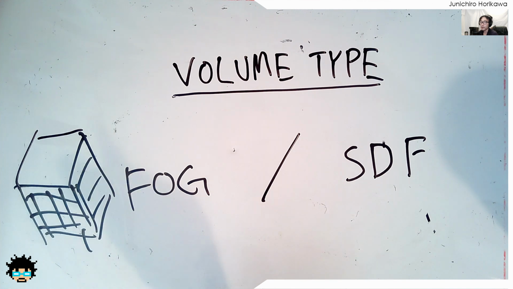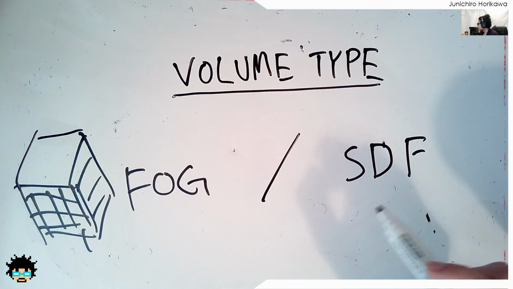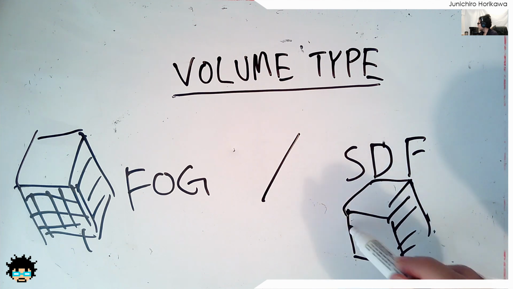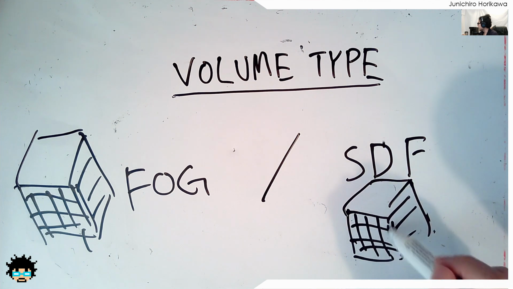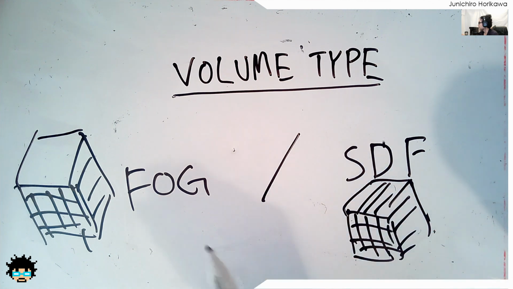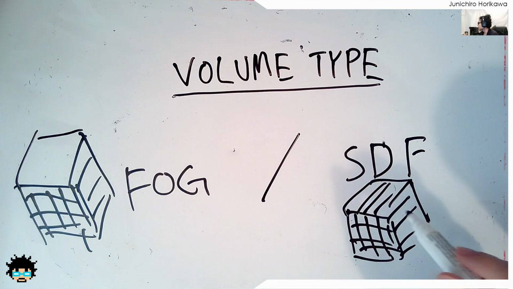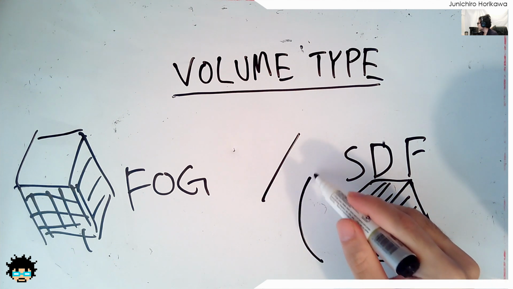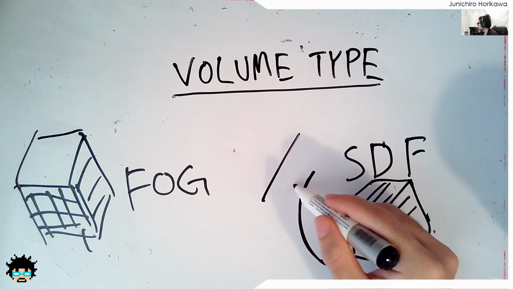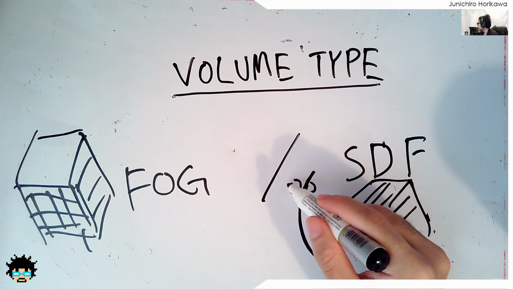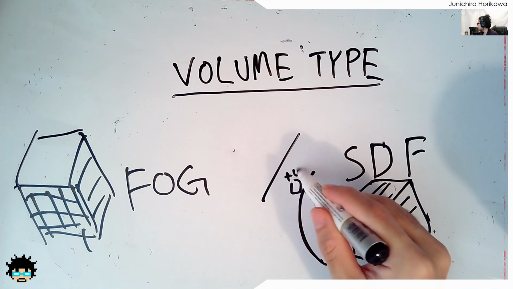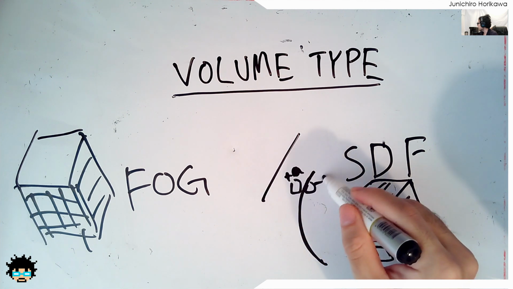Now SDF is also a 3D grid volume, but the evaluation for each voxel is a bit different compared to the fog type. It is mostly used to visualize the surface. What it does is extract the surface in between the voxels which have positive values and negative values.